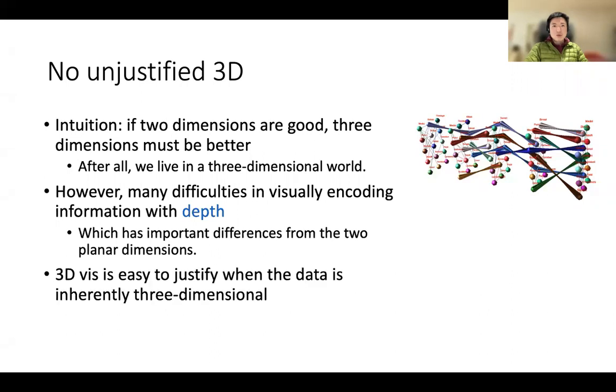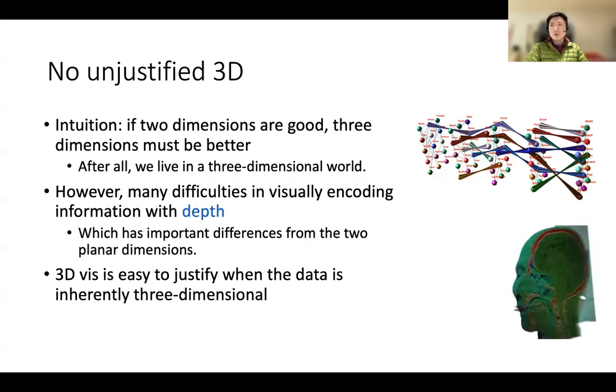It is easy to justify a 3D visualization if the data is 3D. For example, we've seen these examples before, which are 3D scans of the human brain. Because the data is 3D, using a 3D visualization makes it much easier compared to 2D ones.